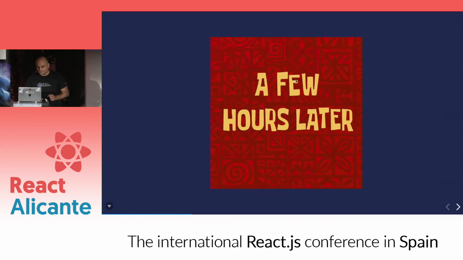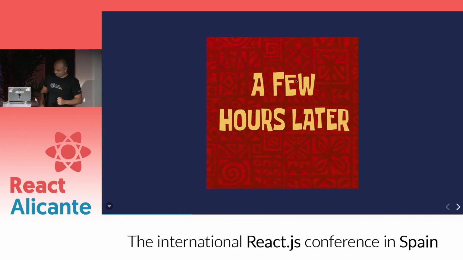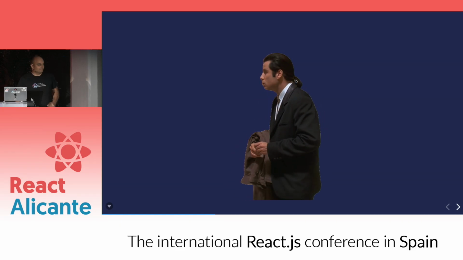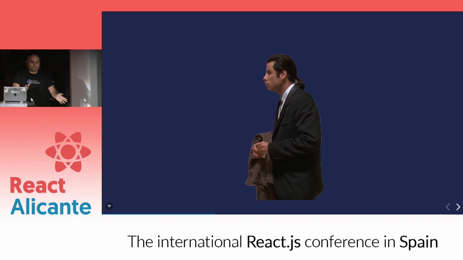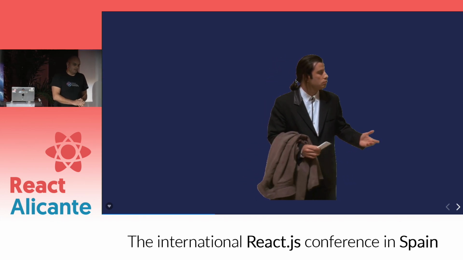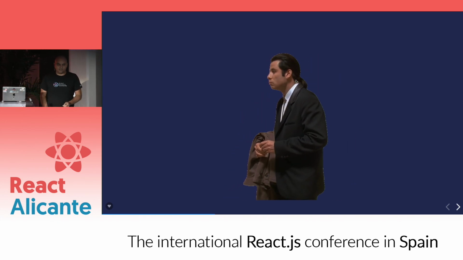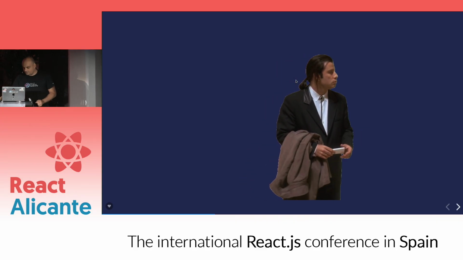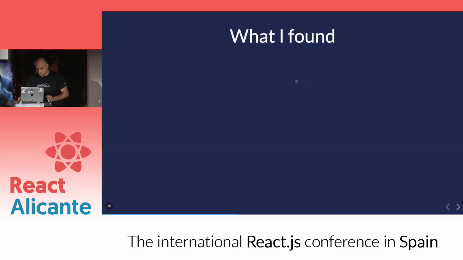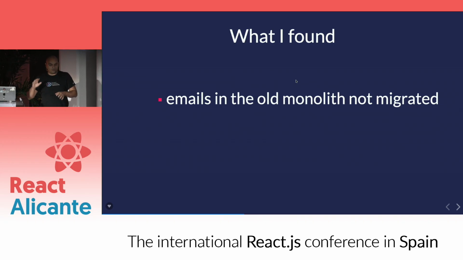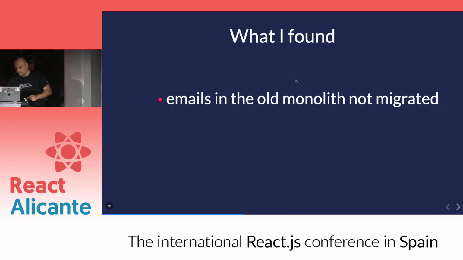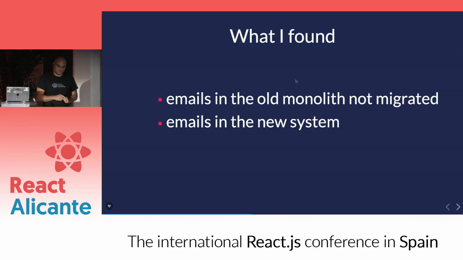So, a few hours later, this was me. I went through the code, I found the footer, but it was not the footer for the email that I wanted. I found different things. We had emails in an old monolith, not all of them transitioned to the new system.